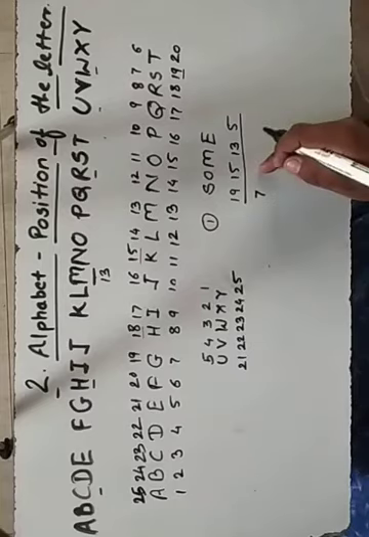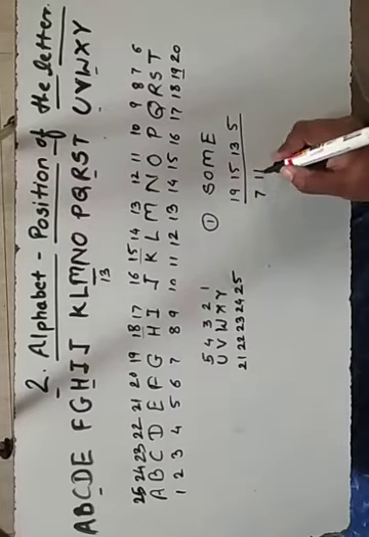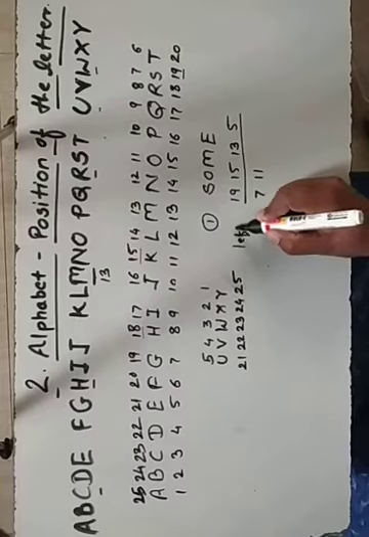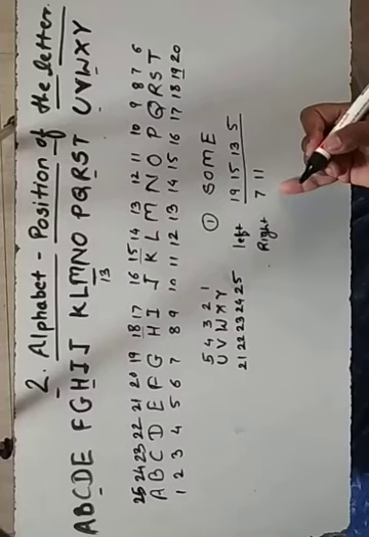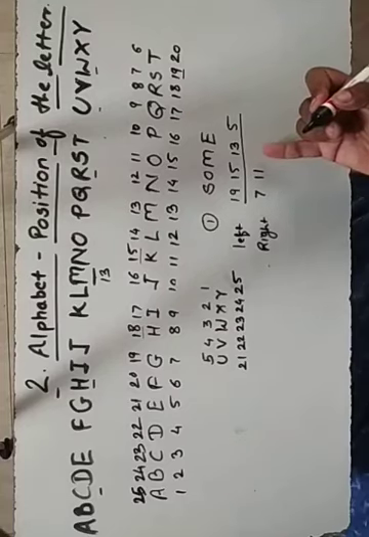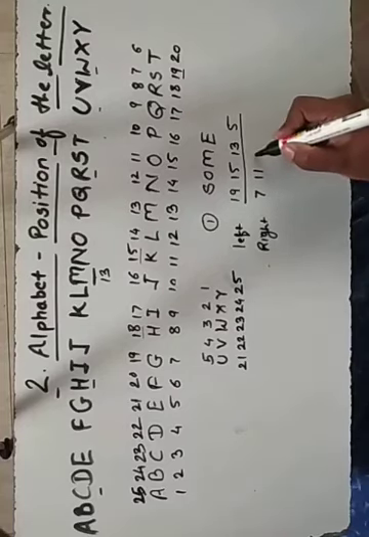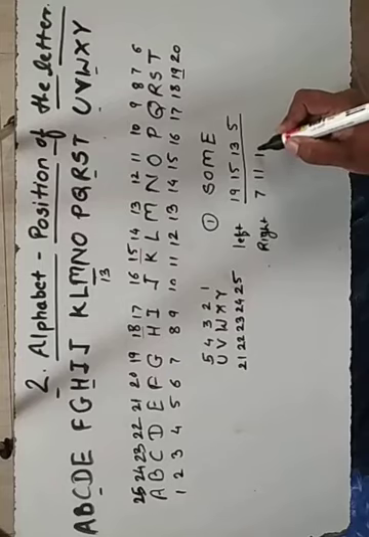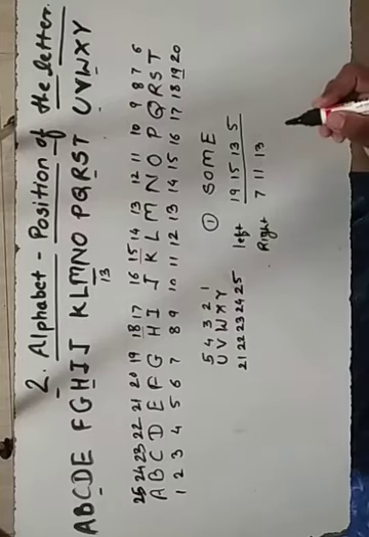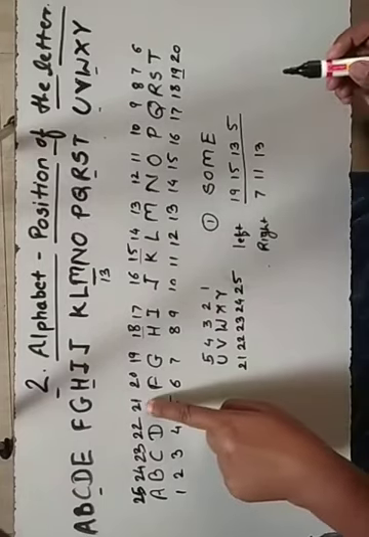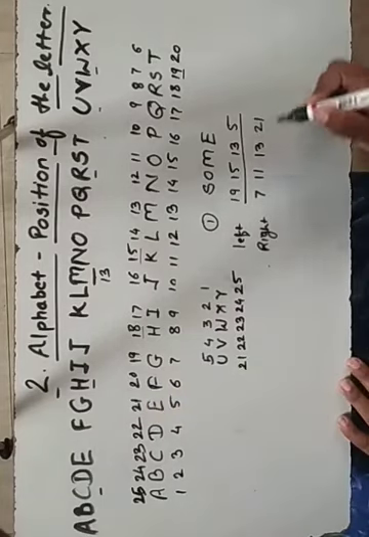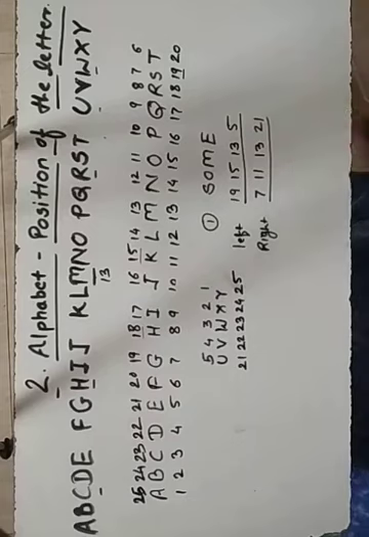Then 15, O's position is 15 from the left side, and from the right side it is 11. Then M's position from both sides is 13th position, because it is the middle letter of the series. And lastly, E is at 21st position from the right side. Okay, so this is the position.